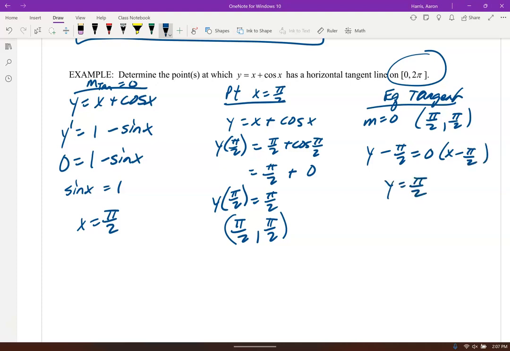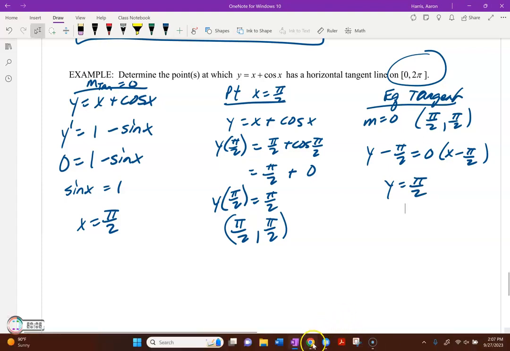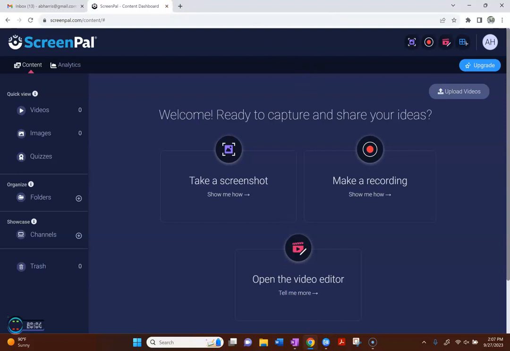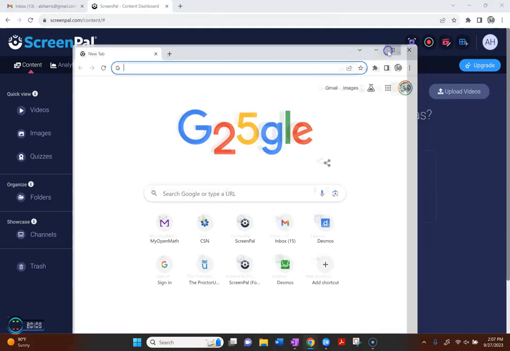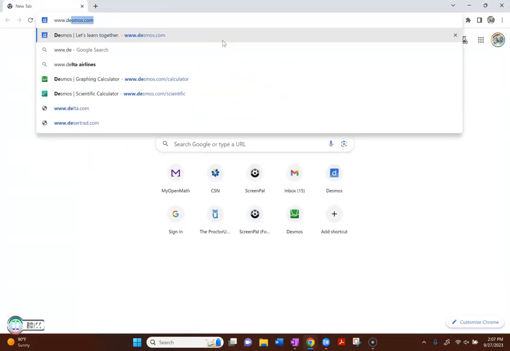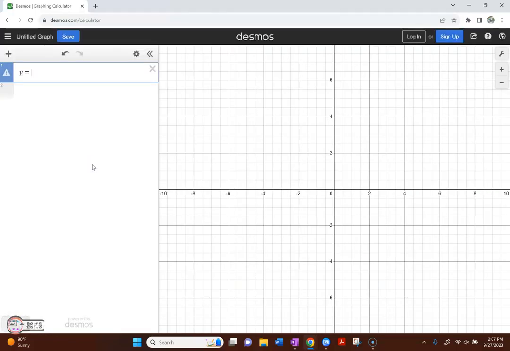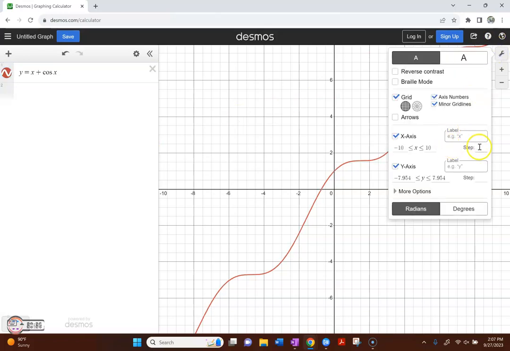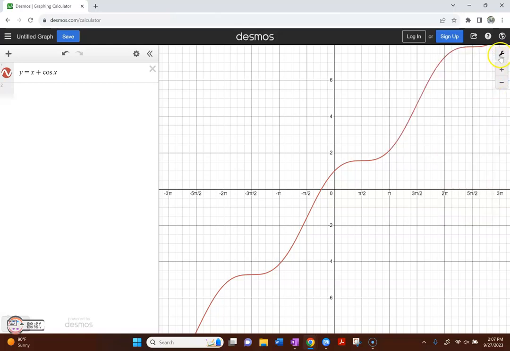And let's just actually pull up Desmos and show you this with a nice graph of it, x plus cosine of x. Oops, that's not right. Come on. Okay, here's our x plus cosine x. Maybe let me put it in and have the steps be like pi halves kind of deal, so you can see it every pi halves.